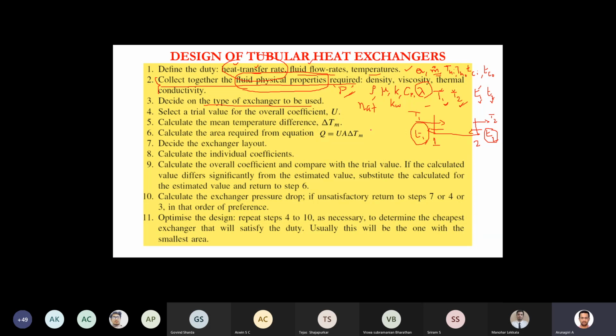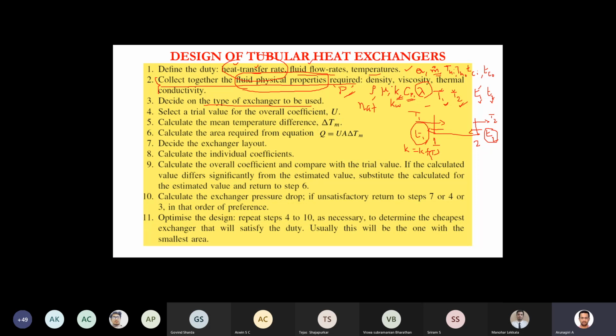Also check whether properties like thermal conductivity K or specific heat Cp are a function of temperature.